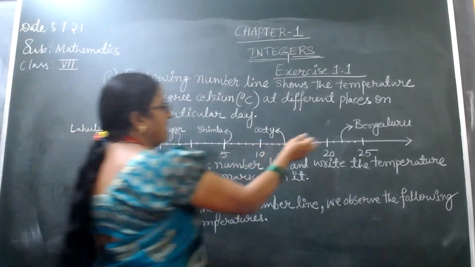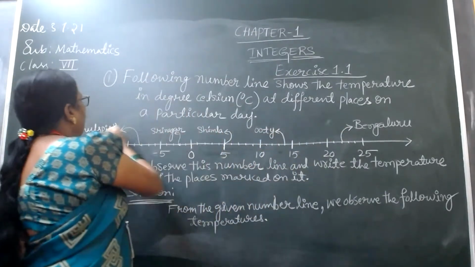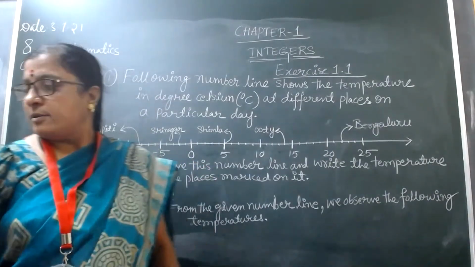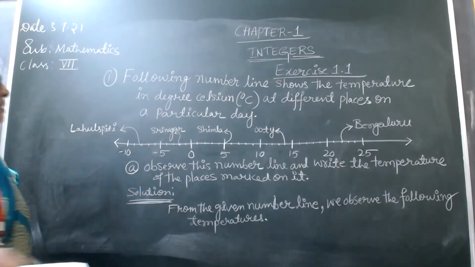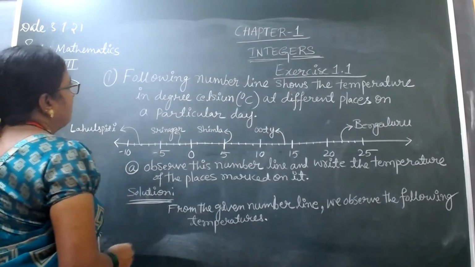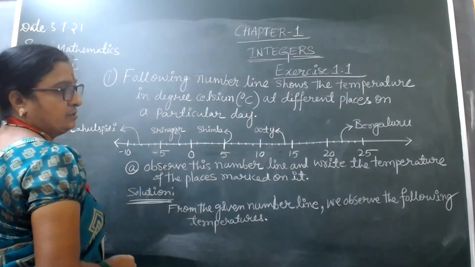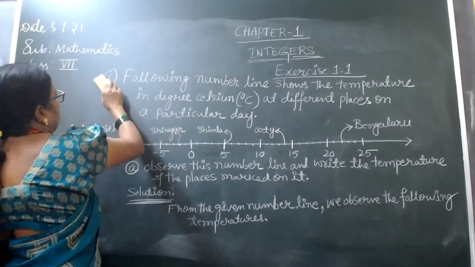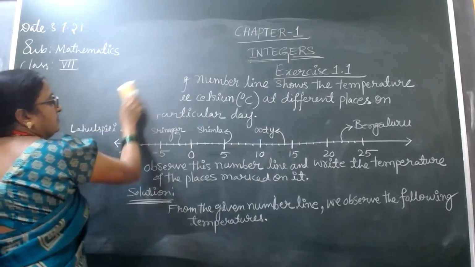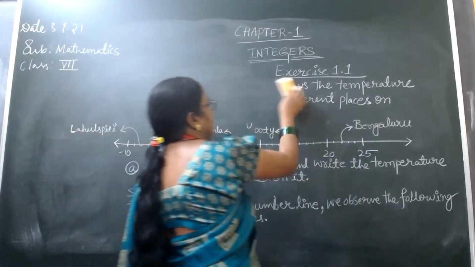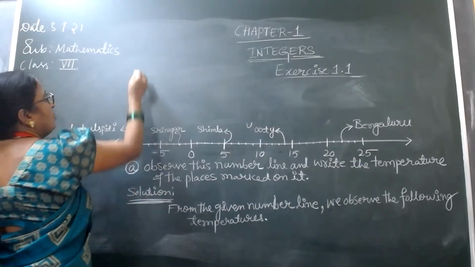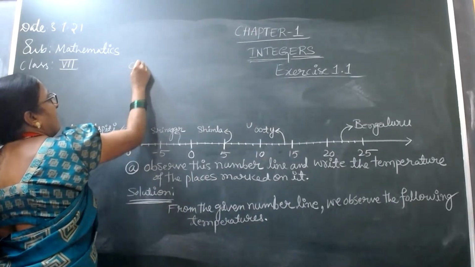Total, how many cities are there? 1, 2, 3, 4, 5. So write down, you should make a table of cities and temperature, by seeing this number line. This is the solution for question A.